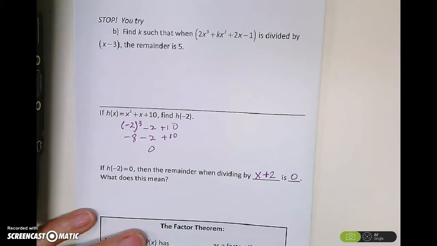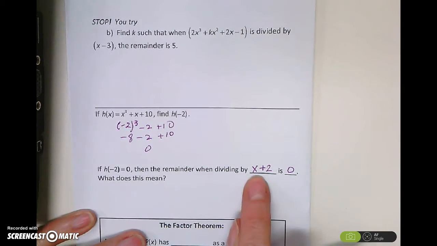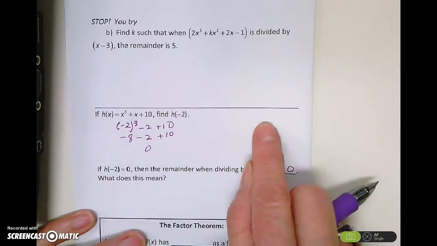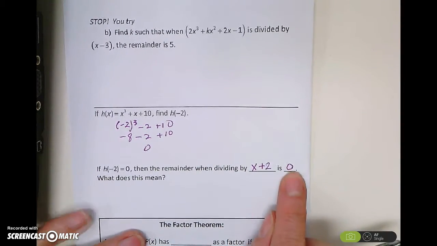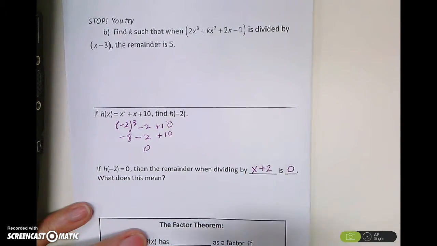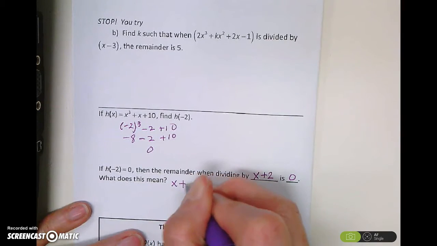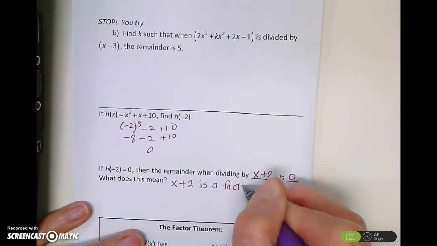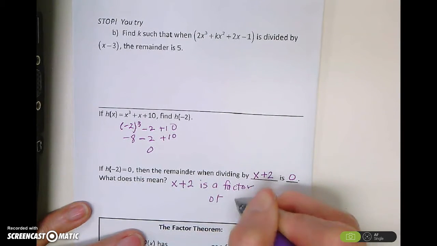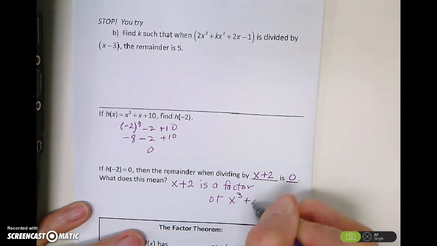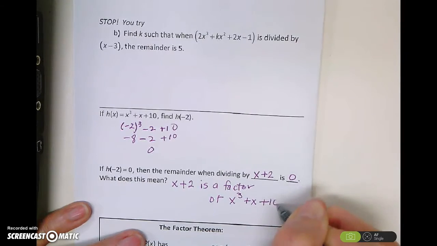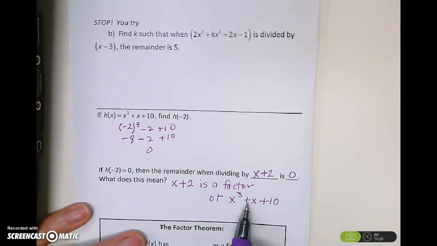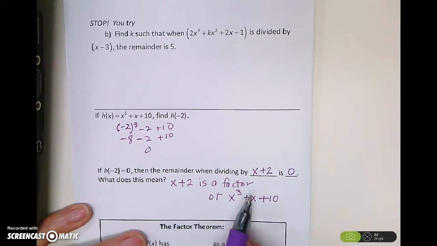So what does it mean when something goes into another polynomial without a remainder? It means that it is a factor. So that means that x plus 2 is a factor of x to the third plus x plus 10. If it goes into it evenly with a remainder of 0, it's a factor.